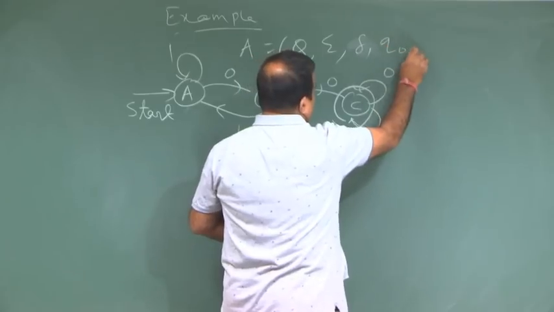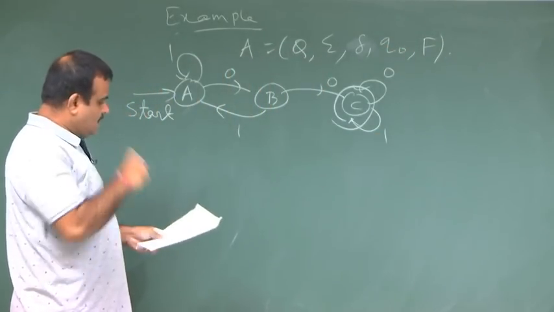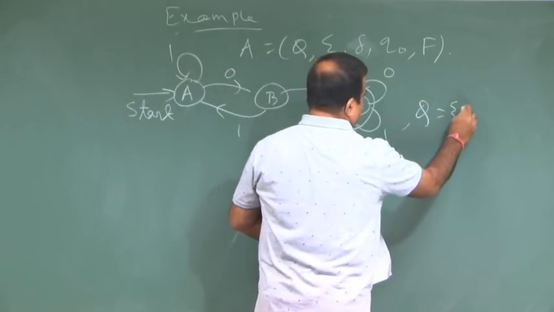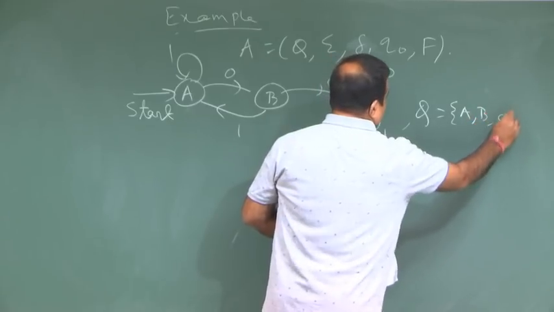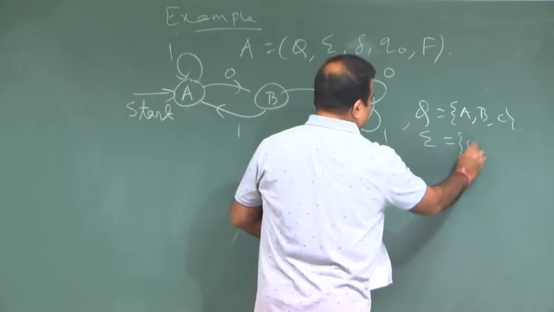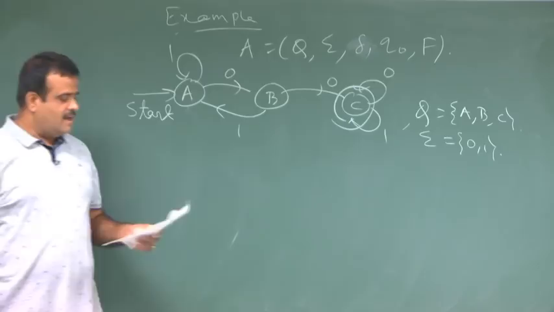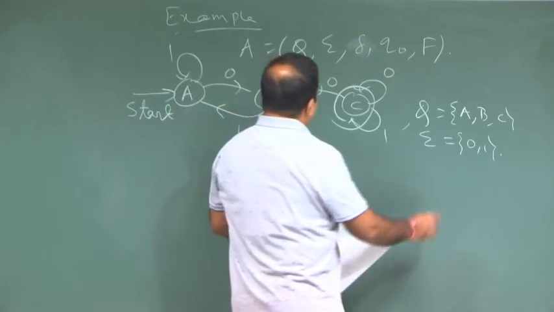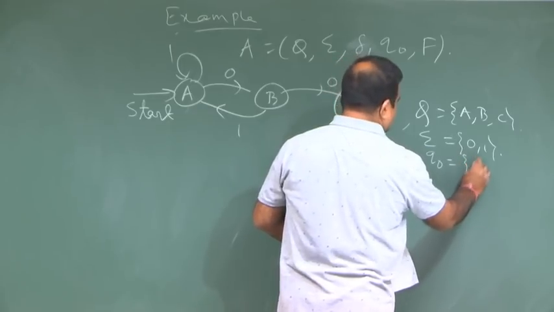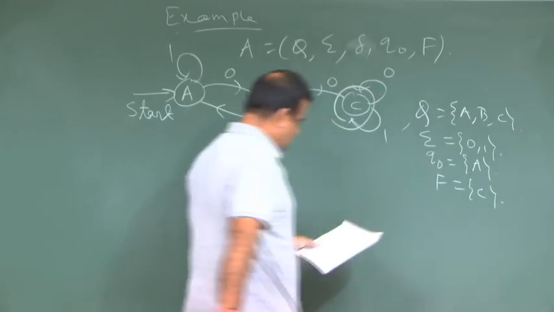So this is sigma, delta, q0, F. What is our delta over here? Q is A, B, C, and sigma is the binary symbols 0 and 1. Our q0 is A, which is the starting state, and F is C, the final state.